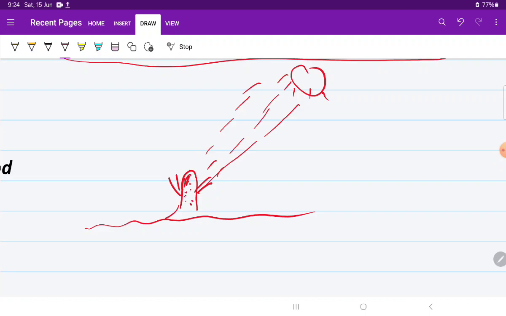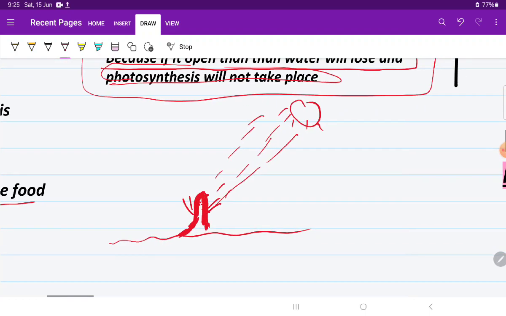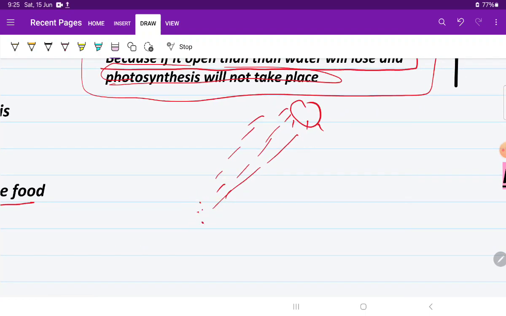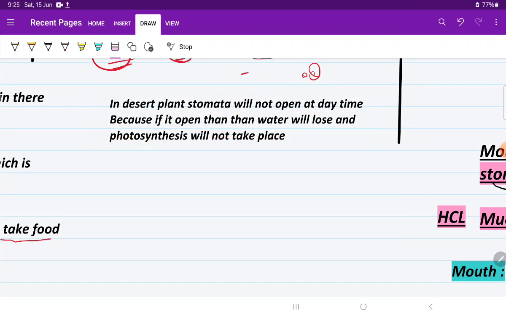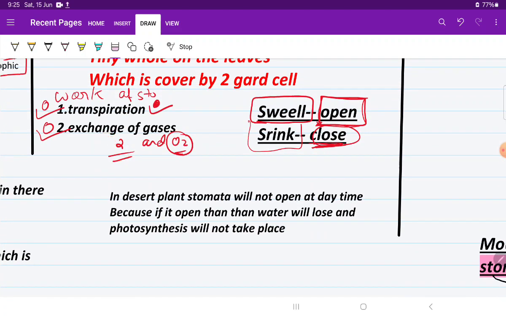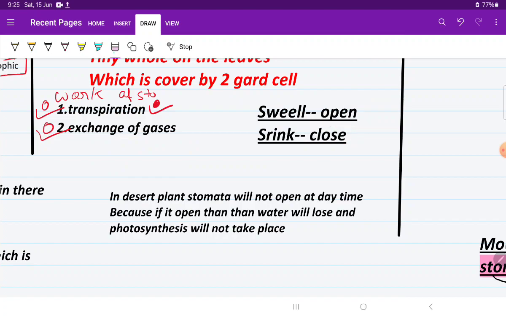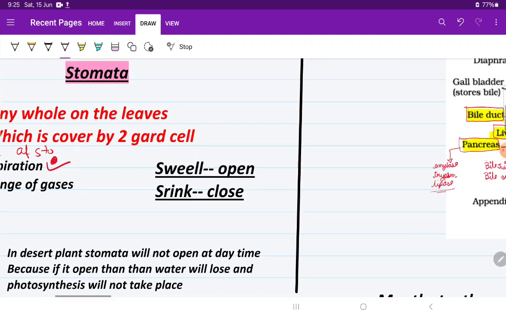There is a thin coating of cell wall, thinner than the normal plant, and there is a thick coating, by which the sunlight is absorbed, and at night time the sunlight is utilized for making the food. I hope that is clear to you all. I am repeating. If you have any doubt, then you can comment in the comment box.